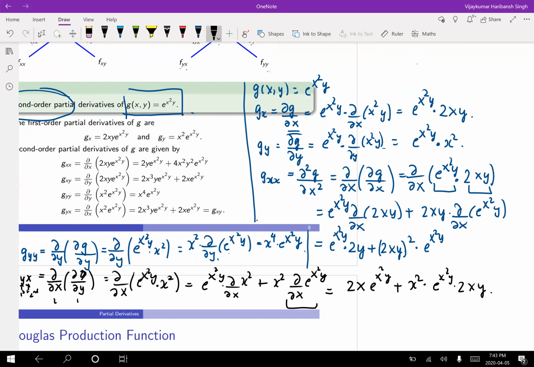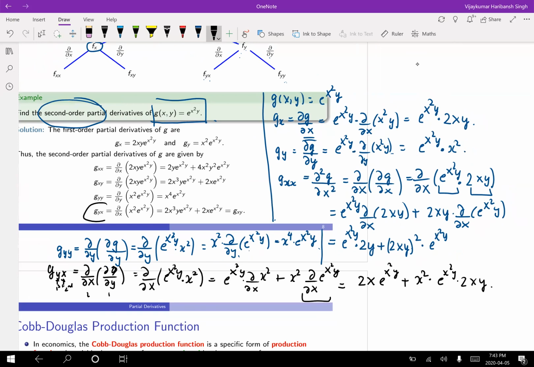Okay. Similarly, you can compute g_yx, and you will see that g_yx and g_xy are the same because this is a nice function.